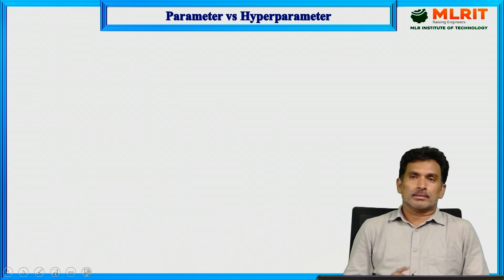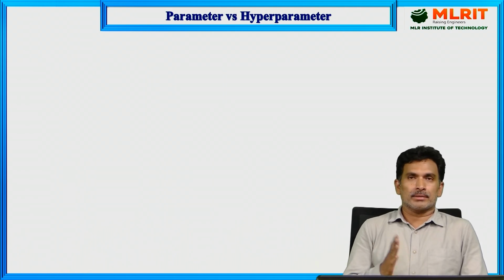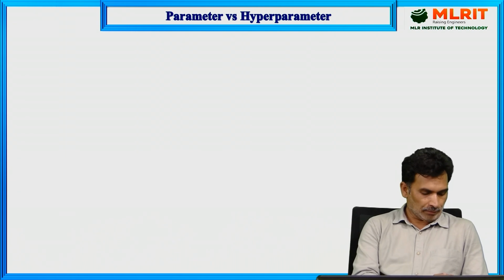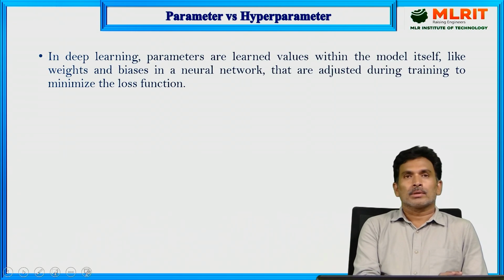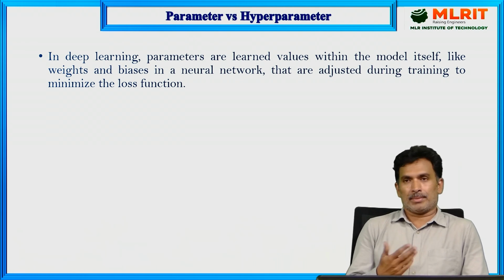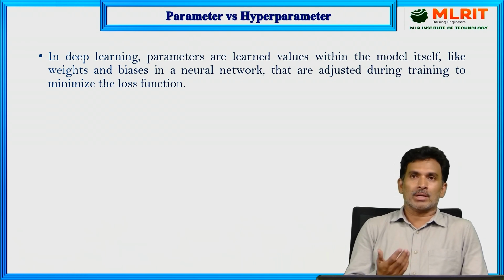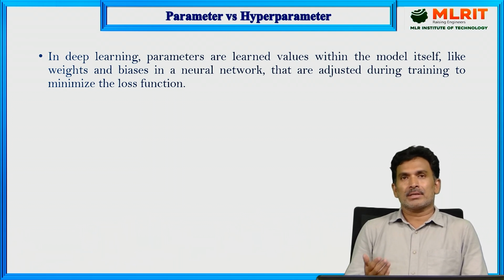So let us try to understand the difference between parameters and hyperparameters. It's a very simple concept, but a very important one. In deep learning, model parameters are the learned values within the model itself, like weights and biases in neural networks.